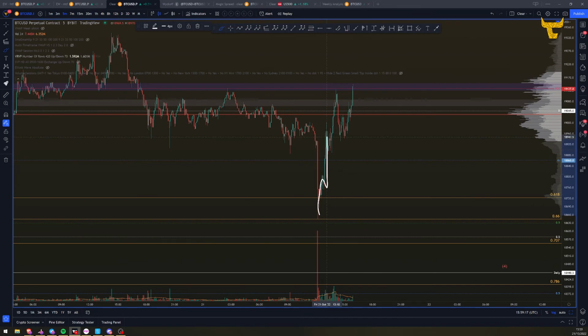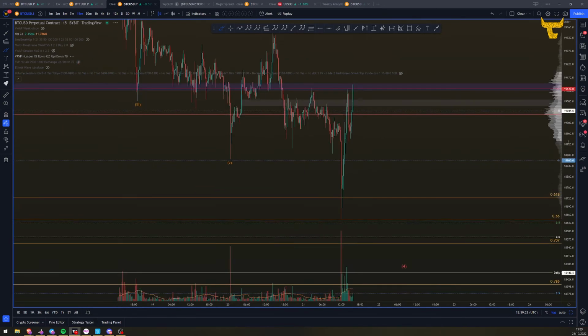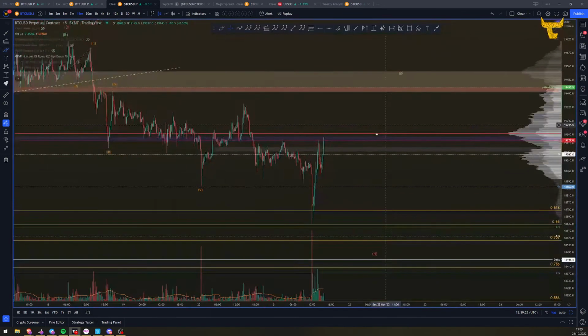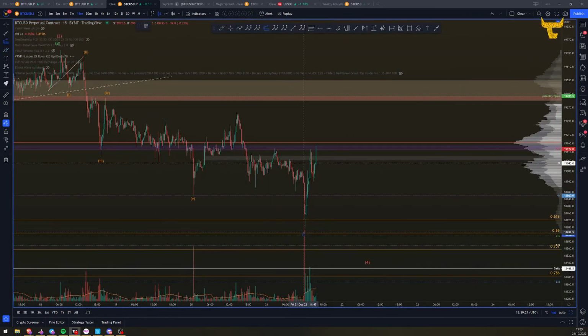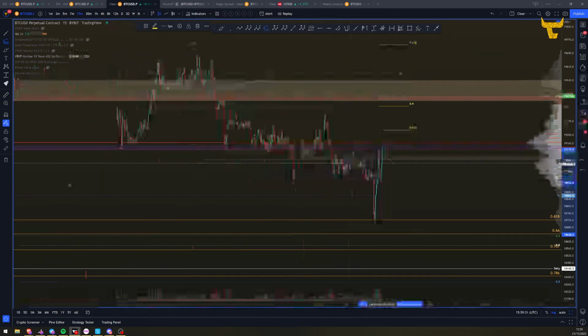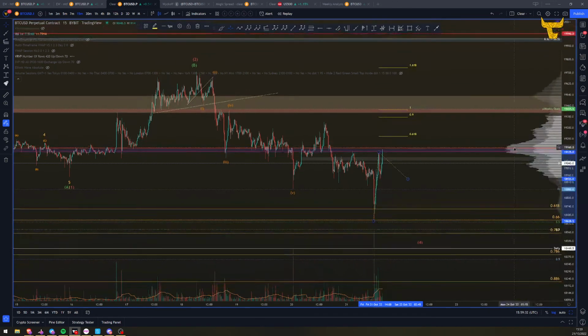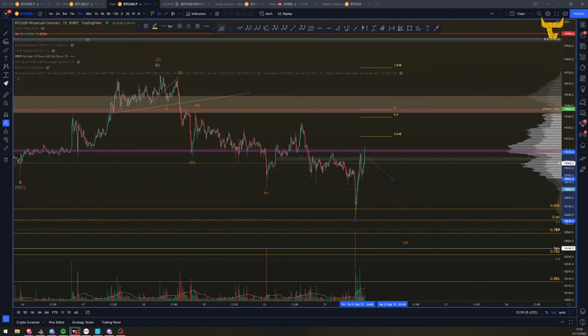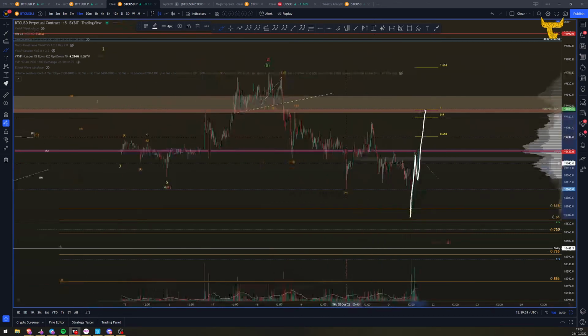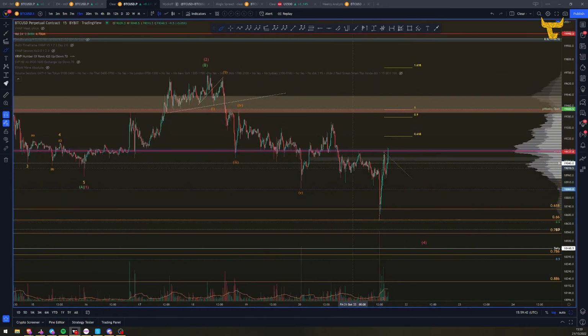Nice 5 waves here. I guess this could continue to squeeze, yeah, to squeeze towards the weekly open. ABC maybe. But then it still doesn't make sense here.